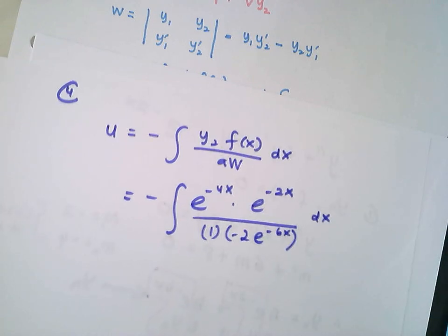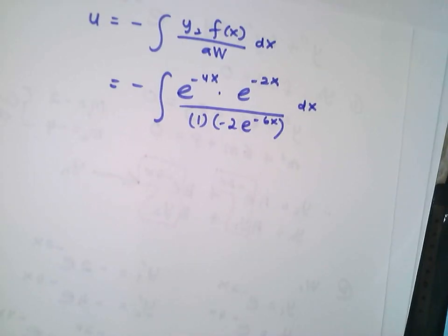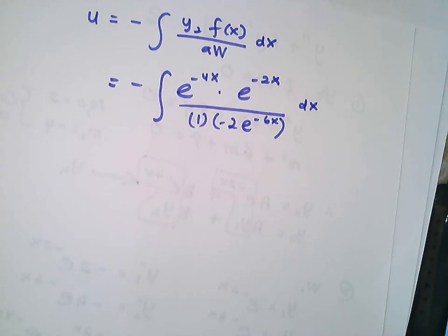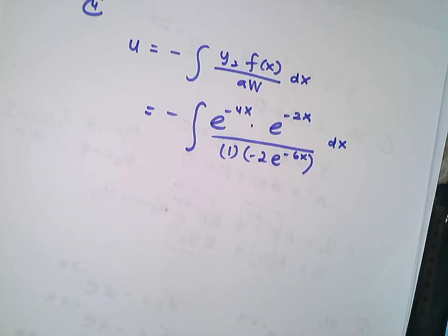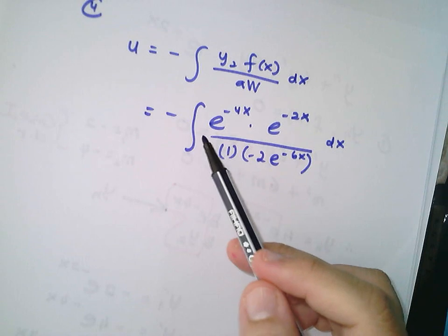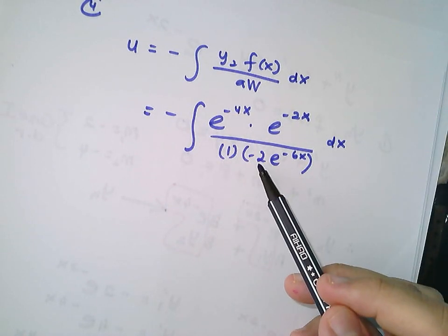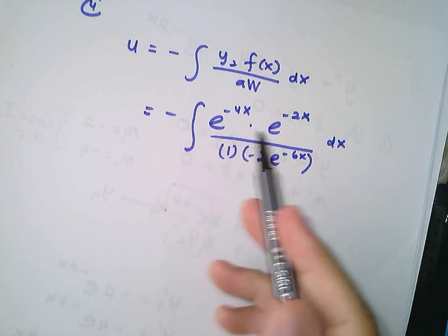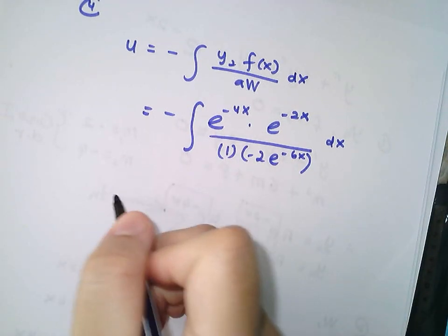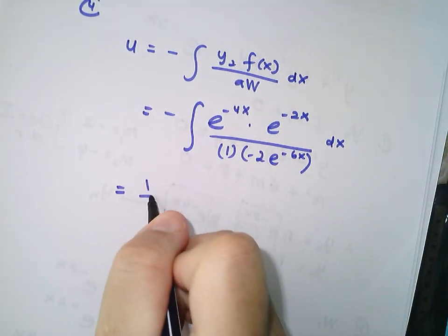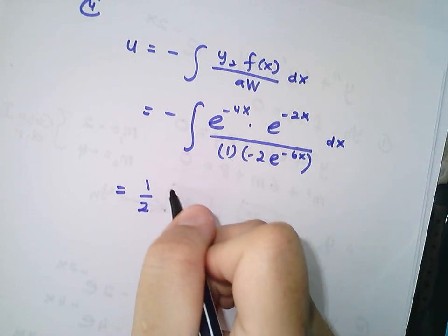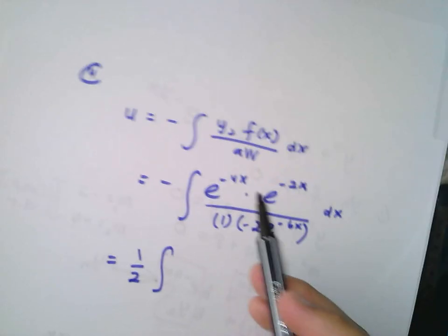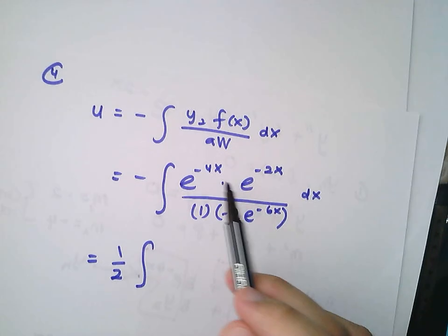Okay, how are you going to integrate this function? First, factorize the constant. As you can see here, you have a constant negative 1 over 2, isn't it? So factorize this one. Negative negative will be positive, so you will have 1 over 2. Then simplify the function, the numerator first.